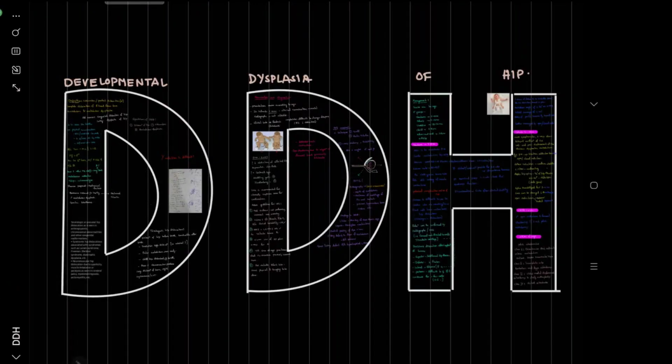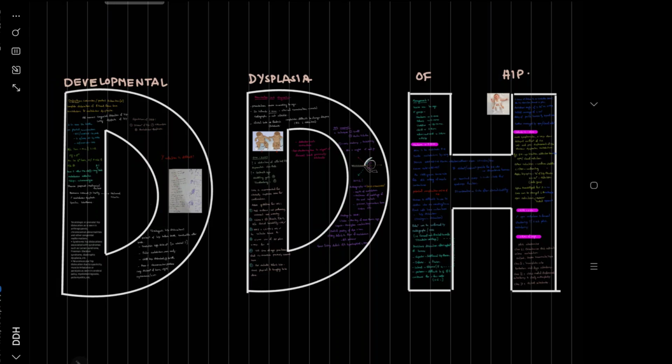Before going into the topic per se, let us talk about a small story. Long ago, this was known as congenital dislocation of hip and congenital dysplasia of hip, because during those times the diseases were named based on their presentations. So a patient who presented with these conditions had dislocation of hip and dysplastic changes over the acetabulum.